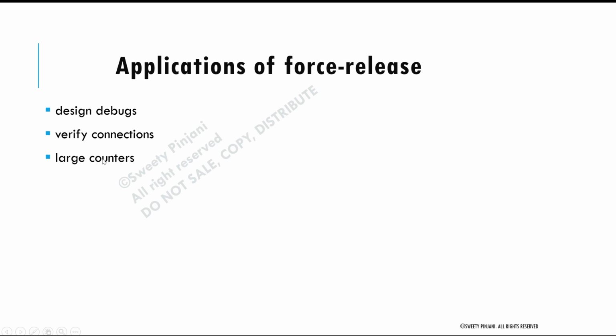Then large counters. This is one very interesting example. Let me explain. Say you have a 64-bit counter. Now a 64-bit counter will have how many states? 2 raised to 64, which is a very large number. It will take billions of cycles to reach that state. I don't have that much time.